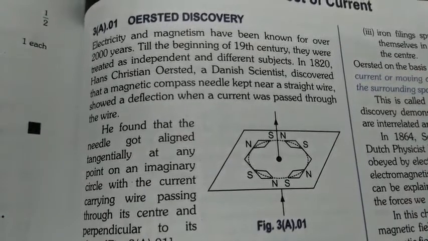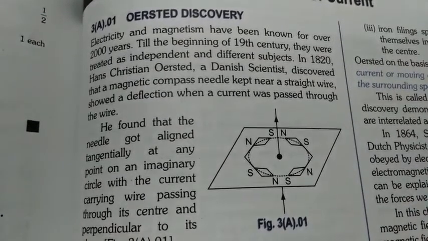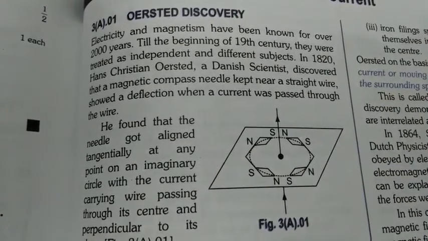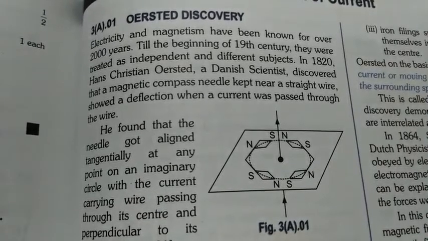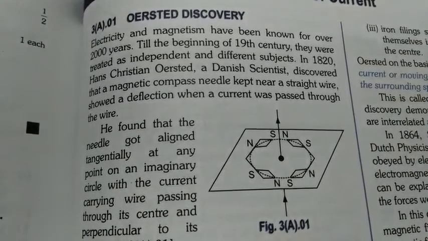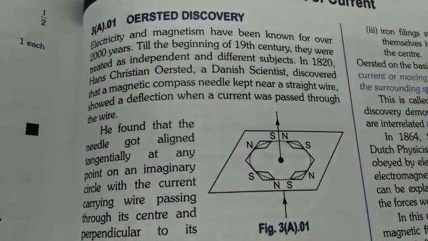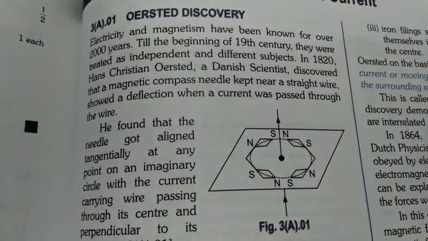And one more thing we have discussed: if we change the direction of flow of current, the direction of deflection in the compass also changes. The deflection will be there as long as the current is flowing. As the current stops flowing, the deflection also stops, and the needle comes back to the original position.